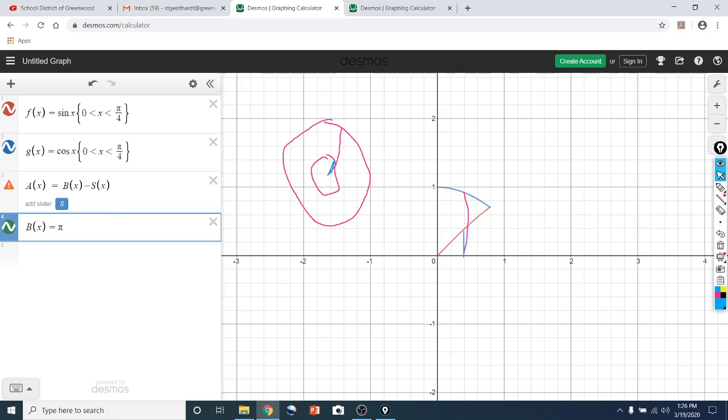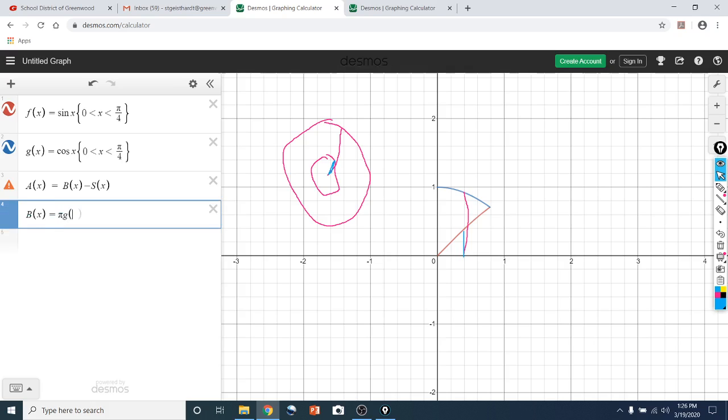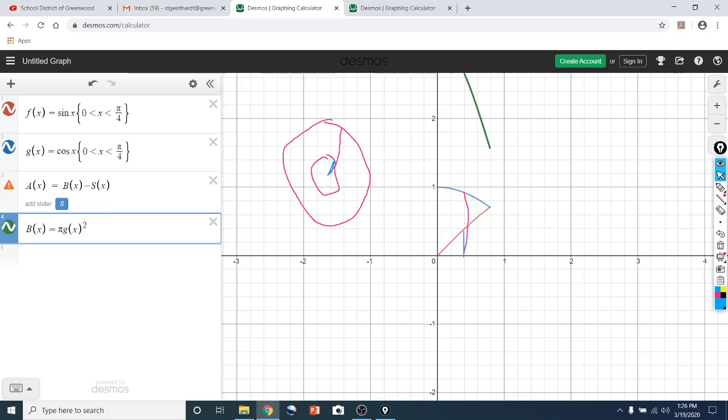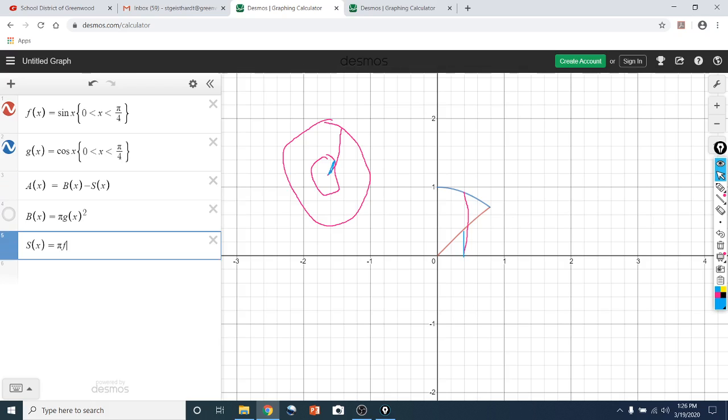The radius in this case is the top function, which is g of x. And the small is going to be pi r squared, but it'll be f instead of g, squared.